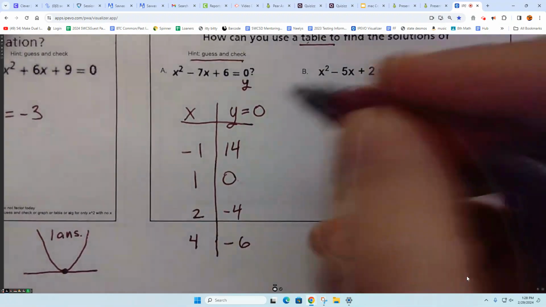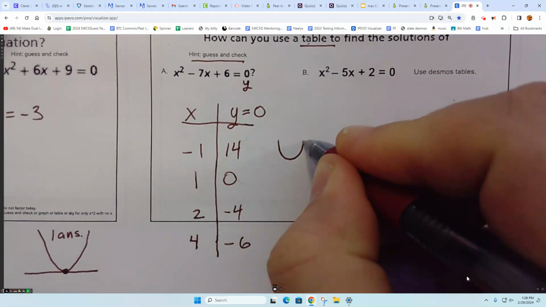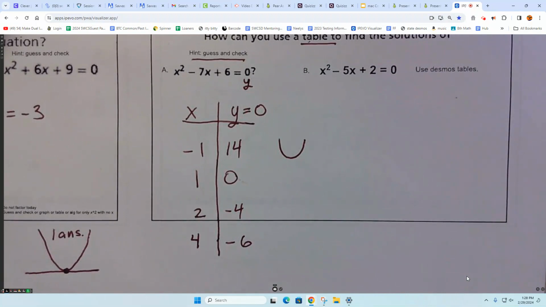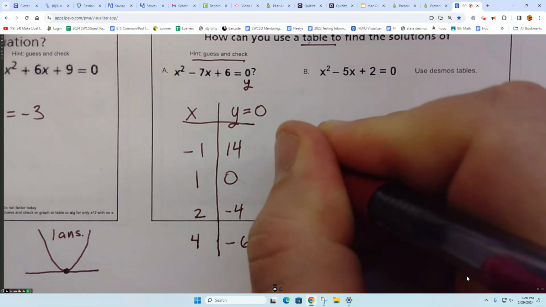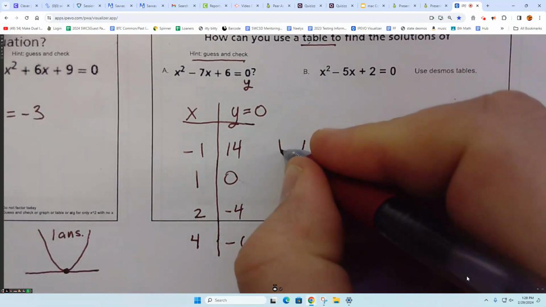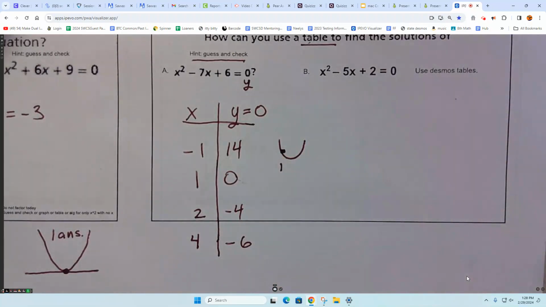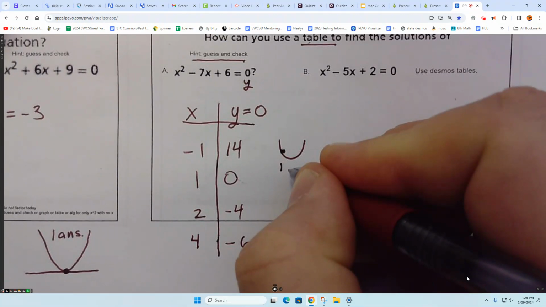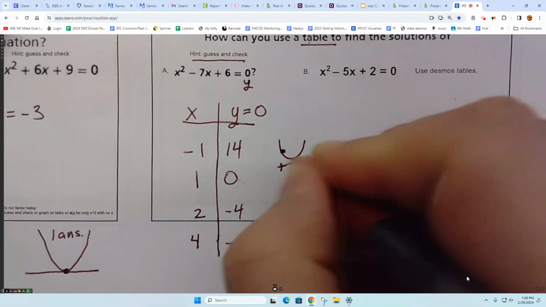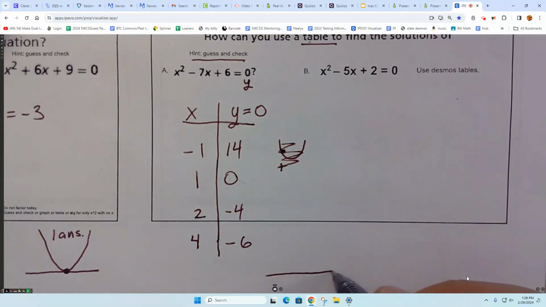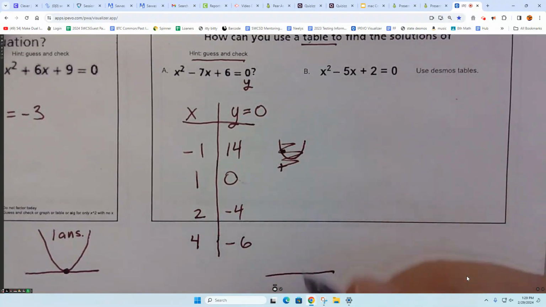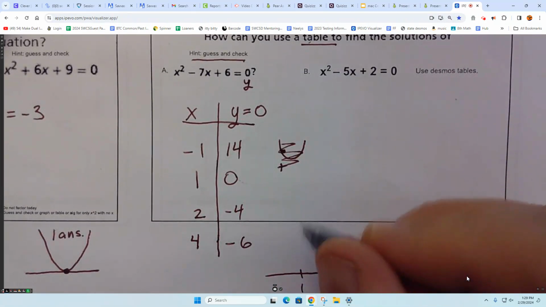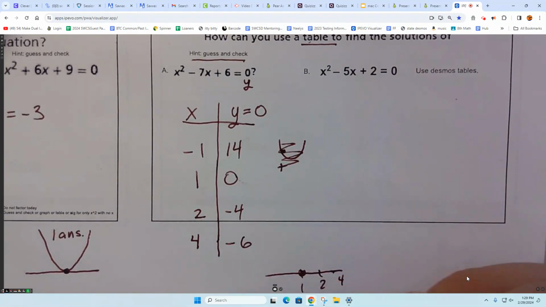So if our U on this one is up, and we found out that one of the zeros is at +1, and then we got it for -1. I think I drew it wrong. Let me just draw these points here. 1, 2, 4, 0, negative.